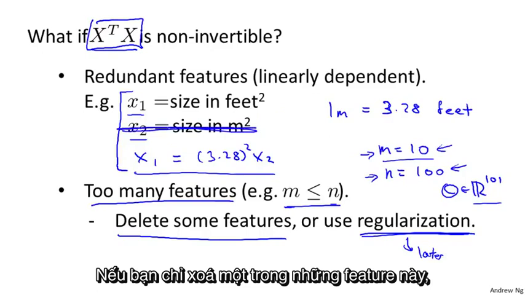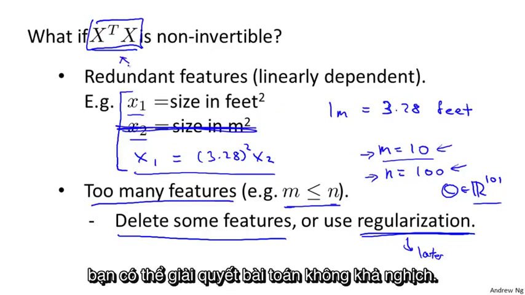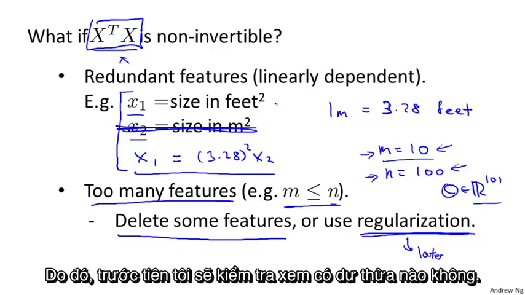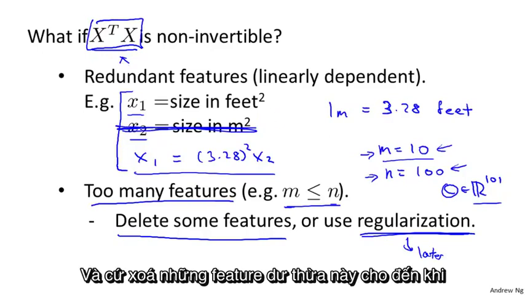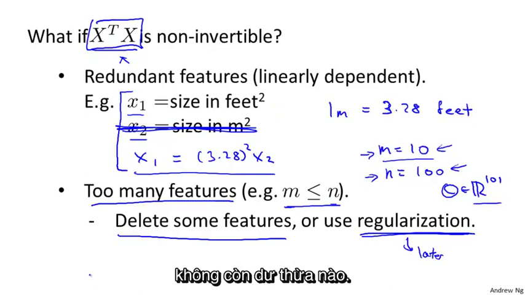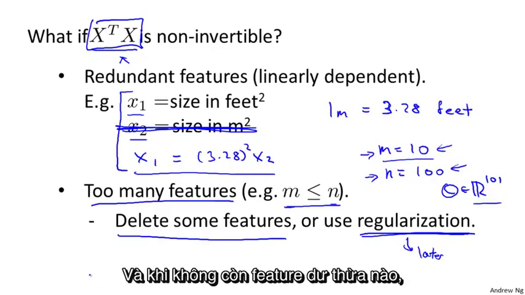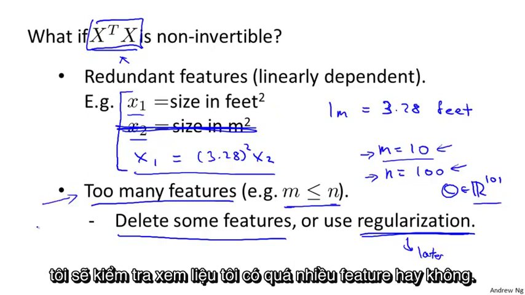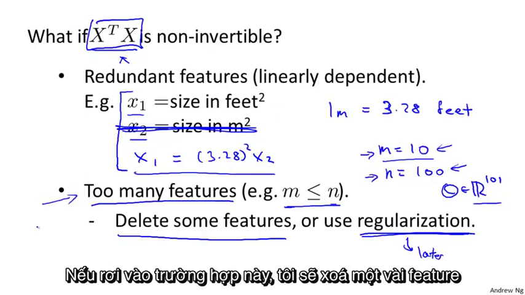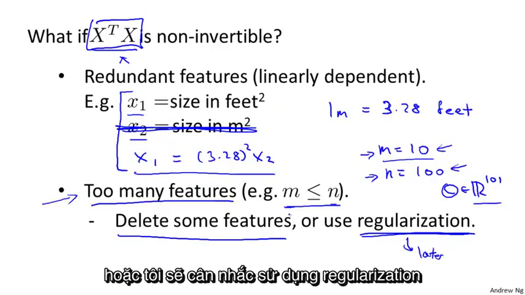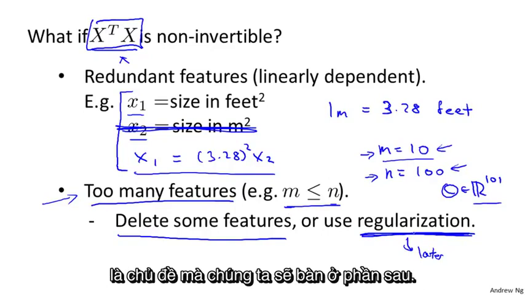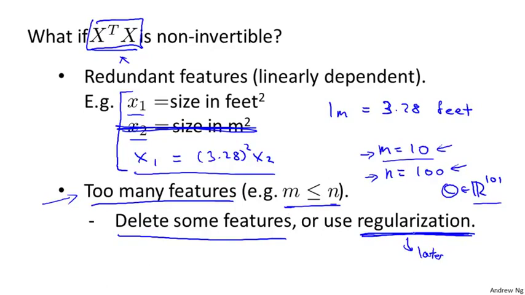If you just delete one of these features, that would solve your non-invertibility problem. So I would first think through my features and check if any are redundant, and if so, keep deleting redundant features until they're no longer redundant. And if your features are not redundant, I would check if I might have too many features, and if that's the case, I would either delete some features if I can bear to use fewer features, or else I would consider using regularization, which is a topic that we'll talk about later.